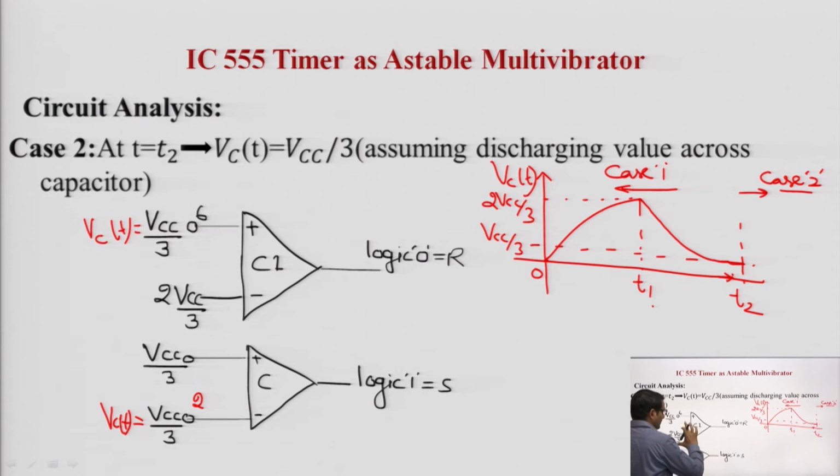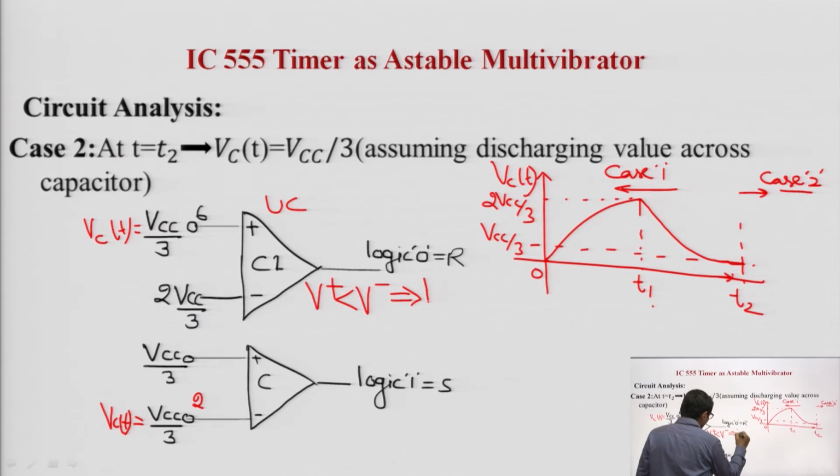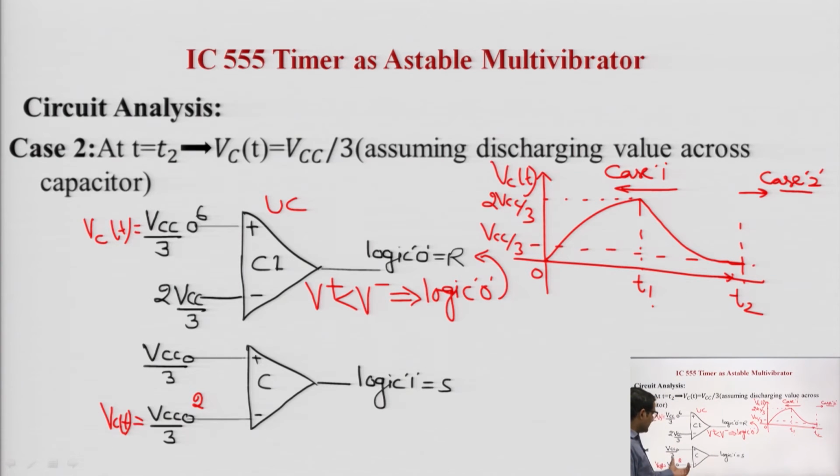Now consider the comparator C1, the upper comparator. V plus is less than V minus, which means the output is logic 0, so R equals logic 0. Now consider the comparator C2, the lower comparator.